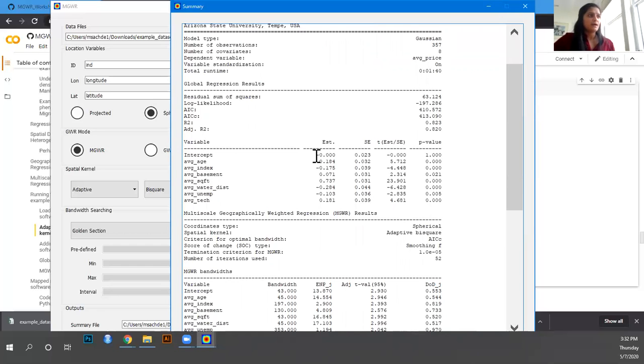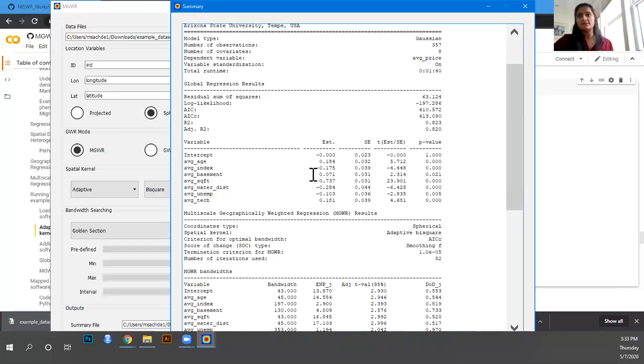These are all the parameter estimates for the global model. Again, you see these estimates are a single set for all 357 points for the entire King County. There is a single coefficient. And so it says that if the average age of a housing unit in a census tract increases by 1 year, your price would go up by 0.184.